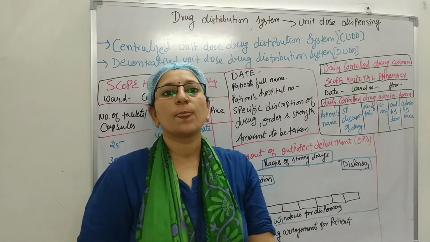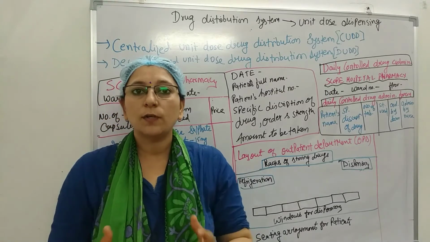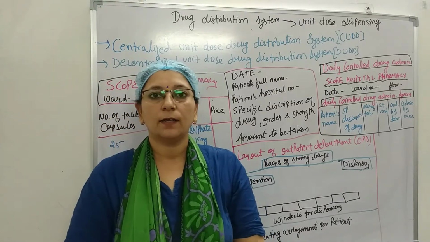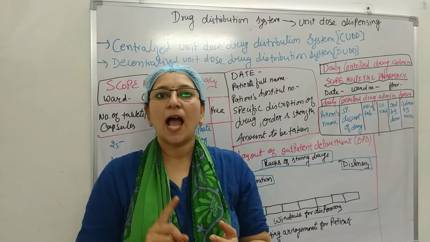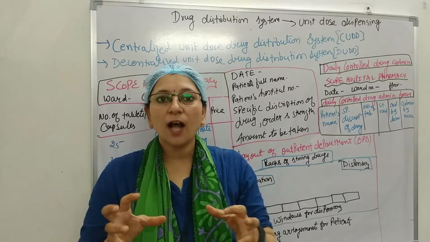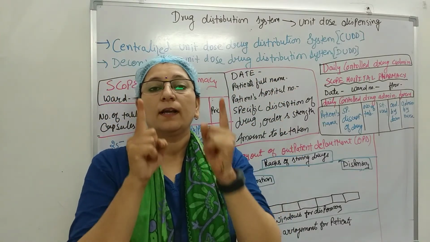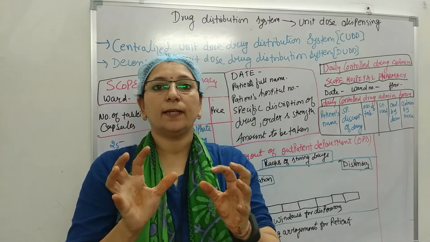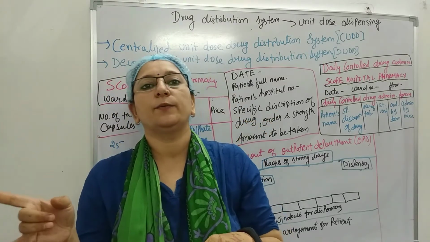Unit dose dispensing refers to those medications which are ordered, packed, handled, administered and charged in multiples of single dose units containing a predetermined amount of drug or supply sufficient for one regular use.